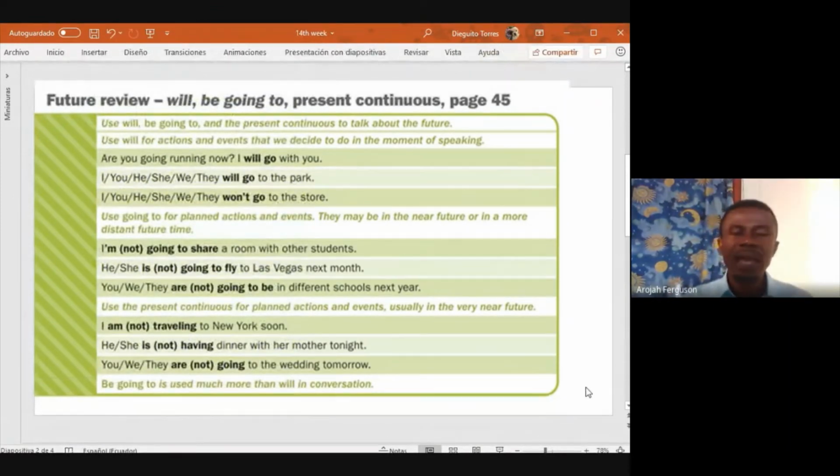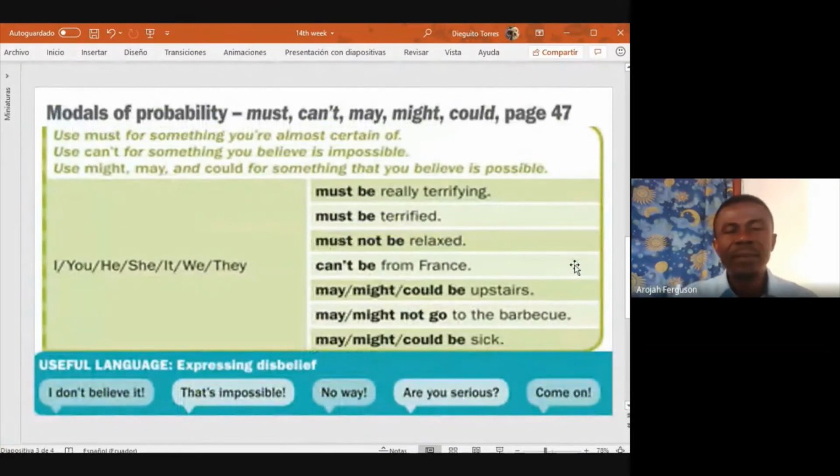Then the other slide that also has to do with grammar, that has to do with the modal verbs of possibility and probability. So examples we have may, can't, might, must, could, would, should, and more.